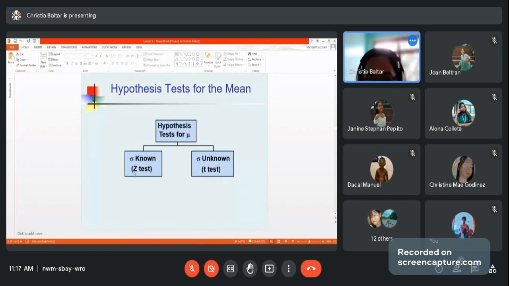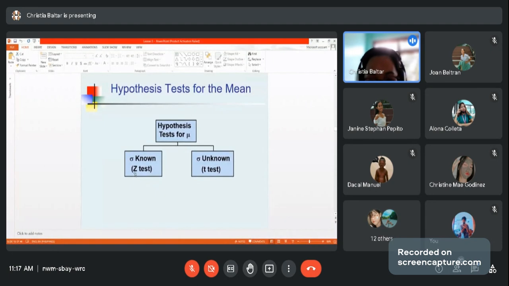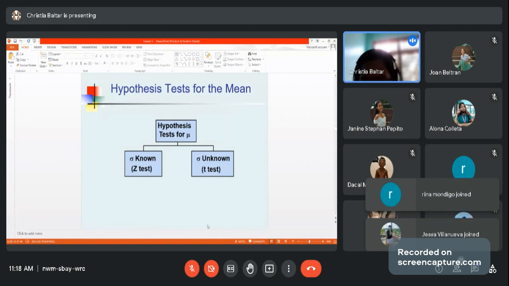There is one thing you should recall in deciding which test to use. For the z-test, whenever sigma, the population standard deviation, is known in the problem, you have to use the z-test. If it is unknown, then you have to use the t-test.